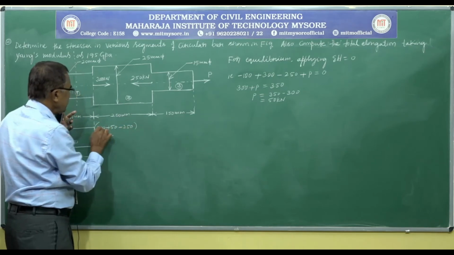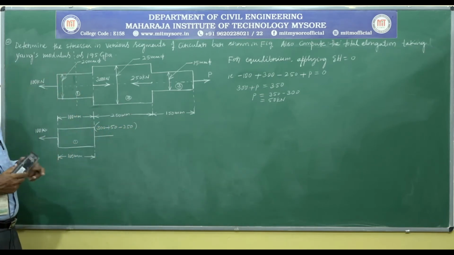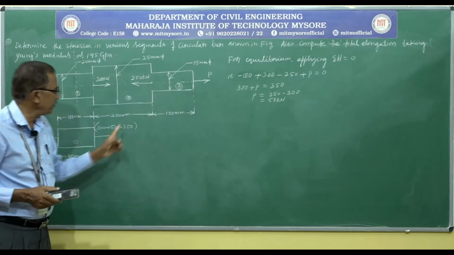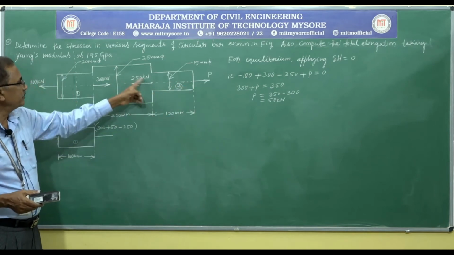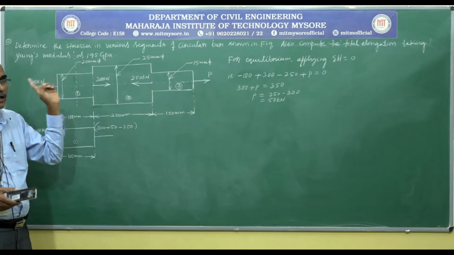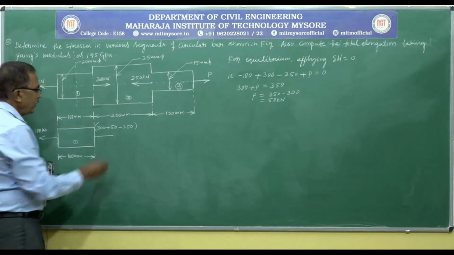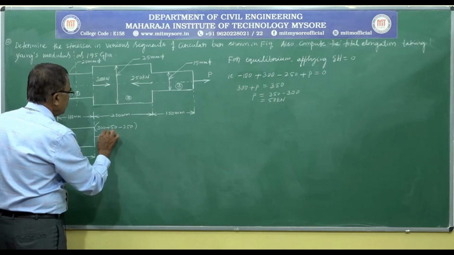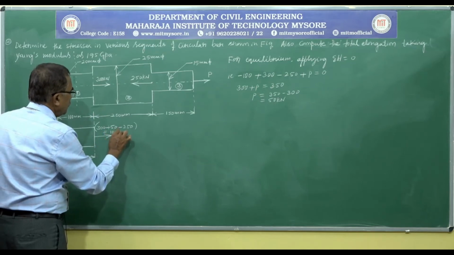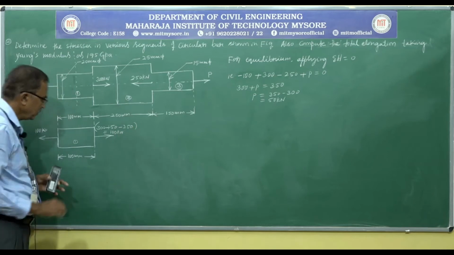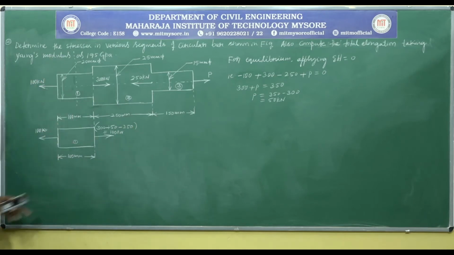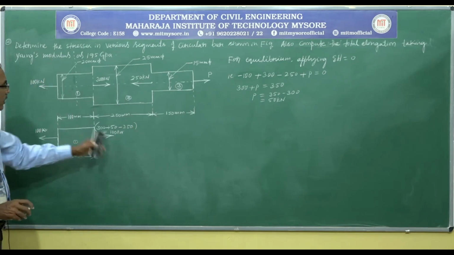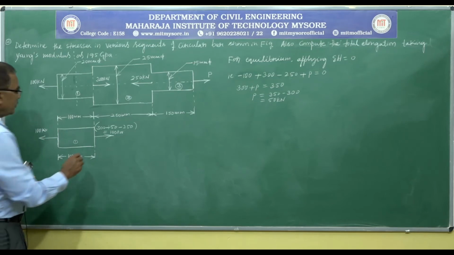When we consider one direction as positive, automatically the other direction will be negative. 300 plus 50 is 350, minus 250, it will be 100 kilonewton, the remainder load acting in the rightward direction. So segment 1 is in equilibrium under the action of 100 kilonewton tensile force.